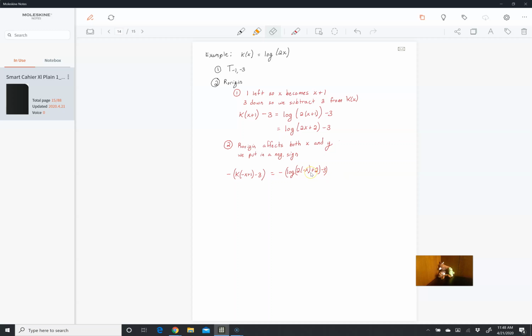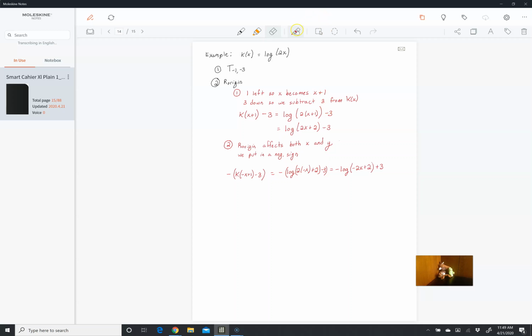The most that you can do with this is it becomes negative log of -2x plus 2. And then this -3 becomes a +3, because you're distributing this negative to the log, and then to the minus.